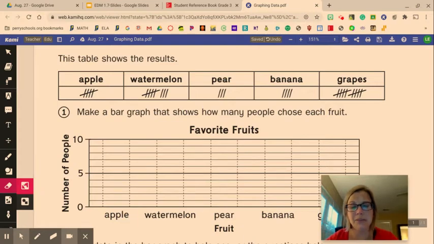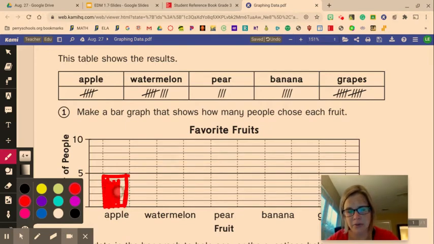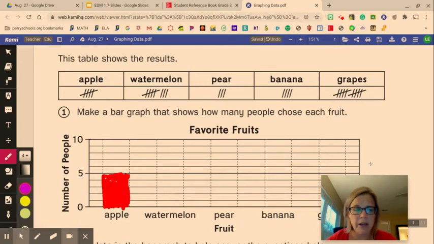Let's try it again. So my red color, I'm going to just draw it like that, and then fill in my coloring. Try not to go up to the top this time. If it does go up a little bit, I'm not too worried about it.